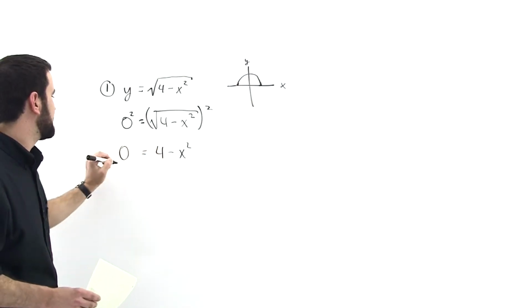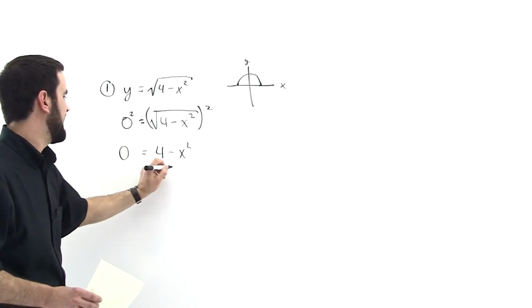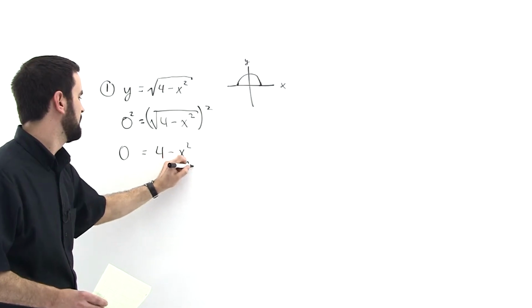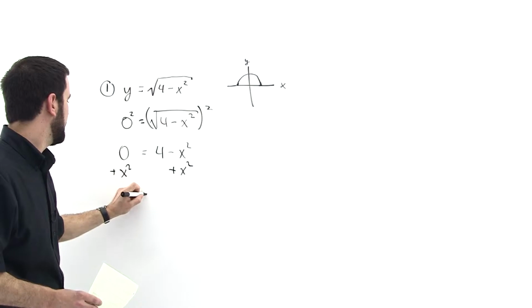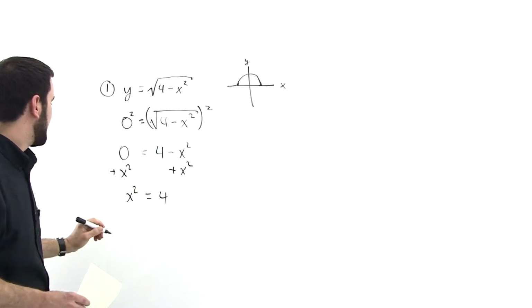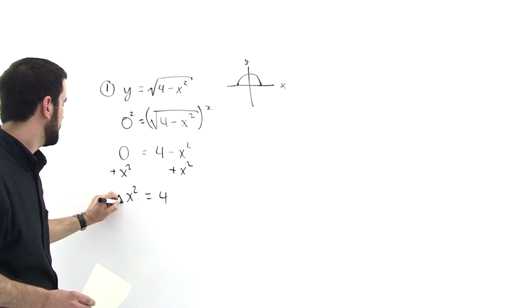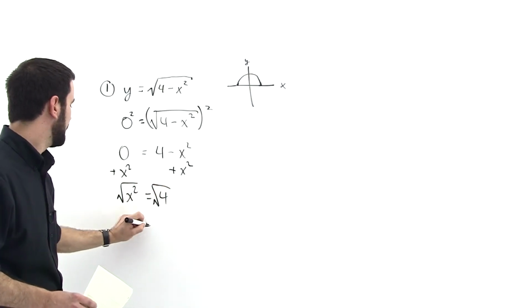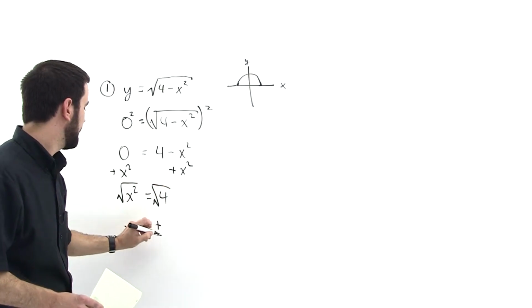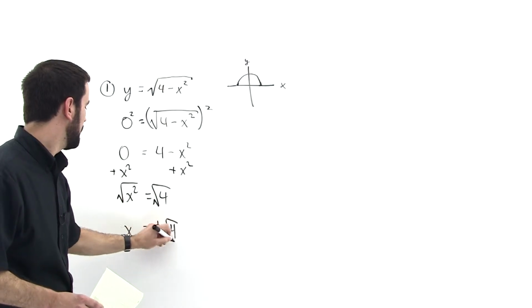And then we can solve this thing for x now. So let's add x squared to both sides. So then x squared is equal to 4. Take the square root of both sides. And so x is equal to plus or minus the square root of 4, right?